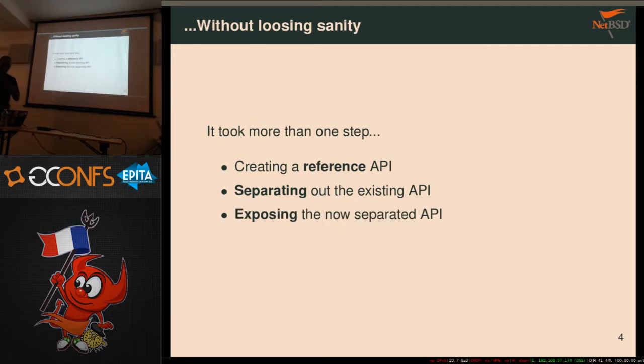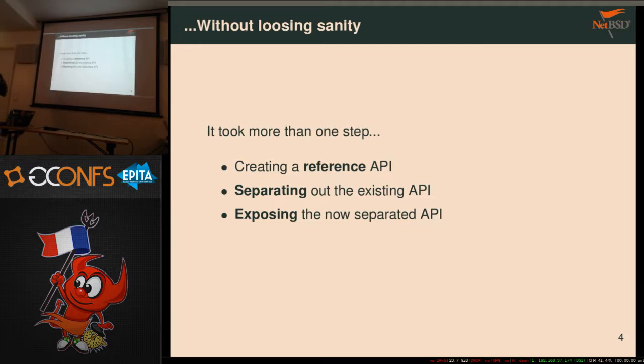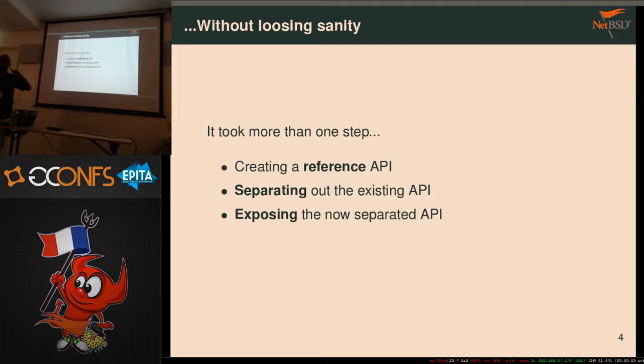And so idealism gave way to pragmatism, and we decided to work the other way. So we thought, okay, we'll try and put what exists and what we've cleaned up to interface with the rest of the kernel through a simpler API. And so that would mean that we'd separate out the existing API and expose it via header files and hide everything else in file scope.